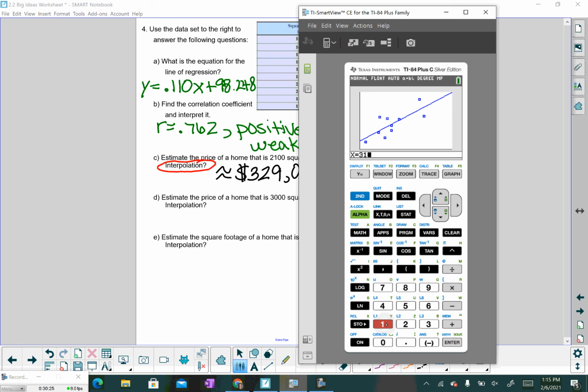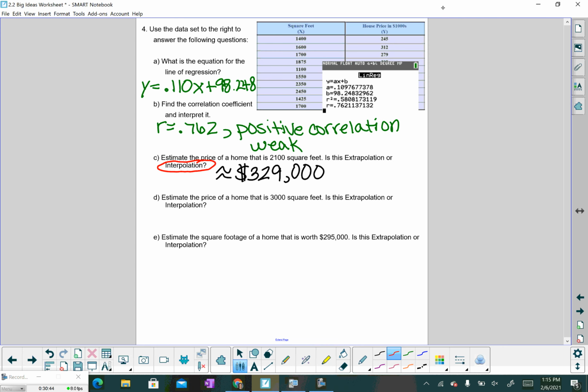And now let's try 3100 again. Enter, and you can see for 3100 our y value is about 438.5. So again, if we round to the nearest thousand of dollars, we've got 439,000 would be the price of that home, approximately.